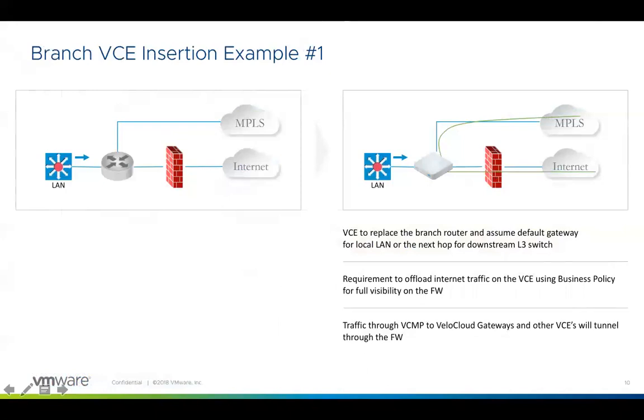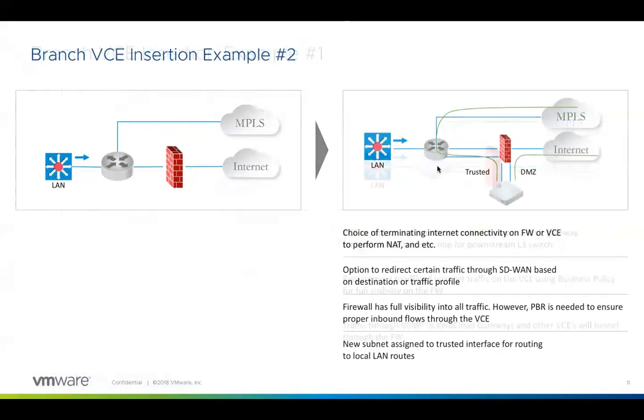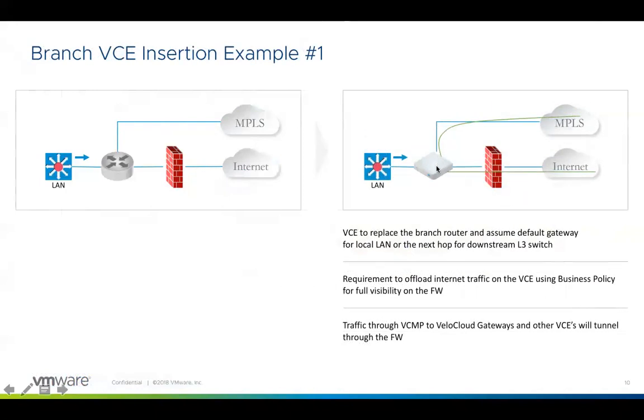So any optimized SaaS traffic that you want to send from the VeloCloud edge to the VeloCloud gateway would then be tunneled right through the firewall. So if there is a requirement for the firewall to filter all traffic including internet, then you would not be able to optimize the SaaS traffic to the gateway.